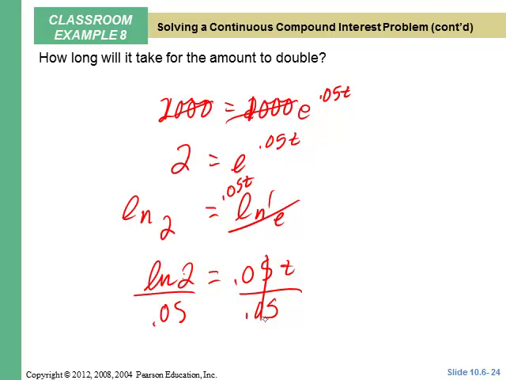You get ln of 2 divided by 0.05, and we get 13.86 years, which is about right, because if you take 5 times 13.86, you get 69.3, so it's pretty close to 72.